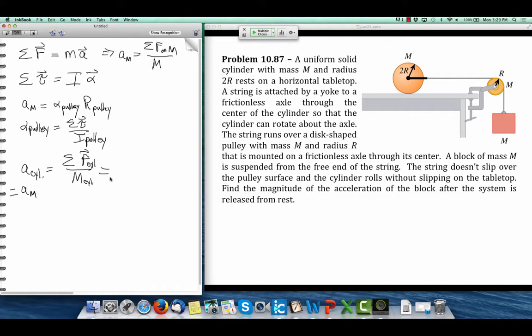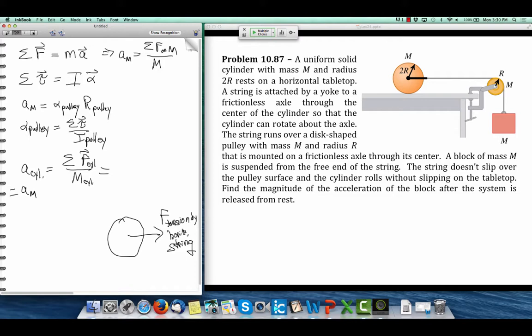What forces act on the cylinder? Well, there's only one: that string pulls it to the right. Sorry, that's not true. Let me draw this. Force, tension by the horizontal string, which we already had an equation for.